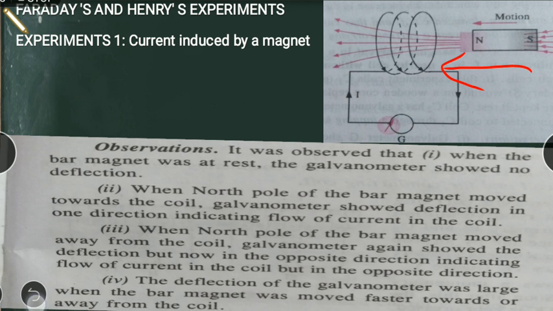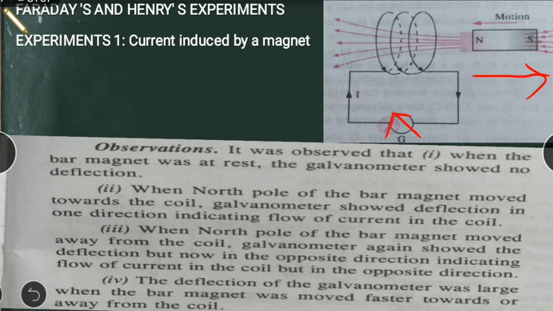Okay. Next case, what happens when the north pole of the bar magnet is taken away from the coil? Then also the galvanometer showed deflection, but in the opposite side.